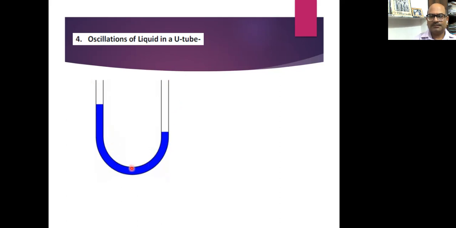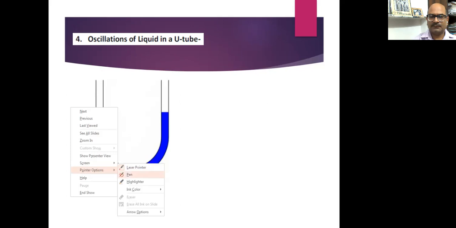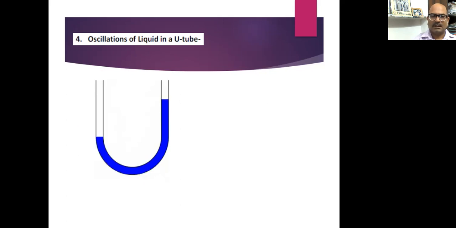So this is a U-tube, and if you fill any liquid of any density in it, and by giving appropriate pressure from one end, suppose we provide some pressure here, accordingly the liquid will go down.